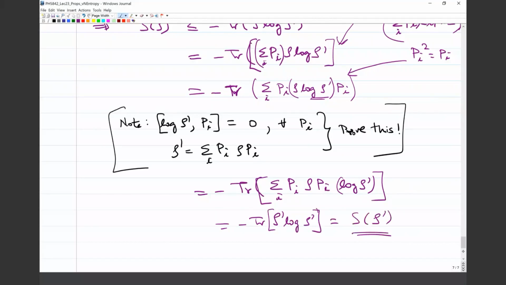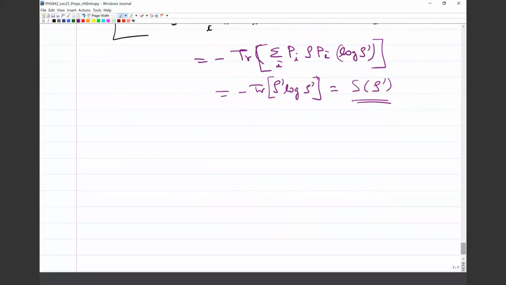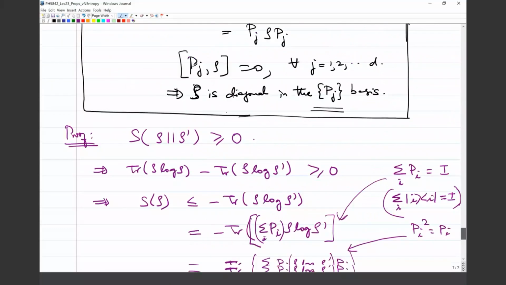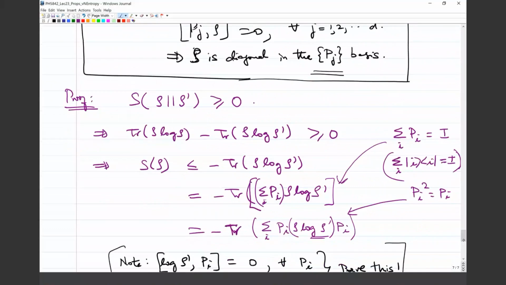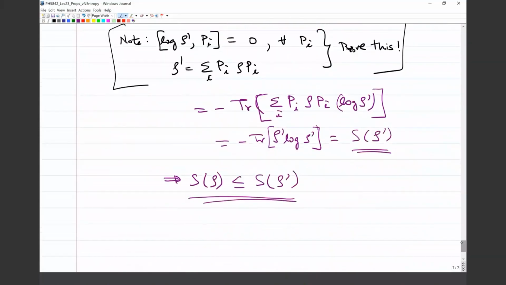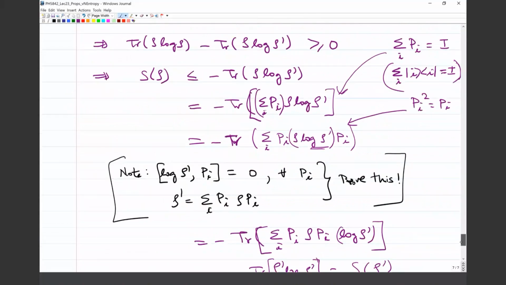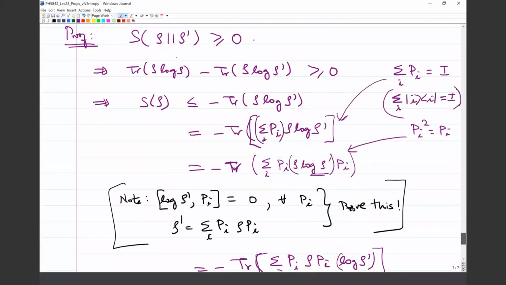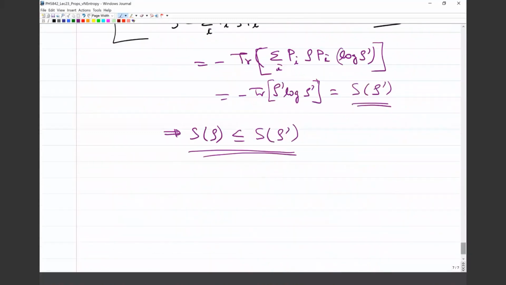So hence I have shown that S of rho is always less than or equal to S of rho prime, simply by taking the relative entropy between rho and rho prime and setting that to be positive. And what is the equality case? So where did the inequality come from? It's just your relative entropy inequality, right? So equality if and only if rho is equal to rho prime. We already discussed this.